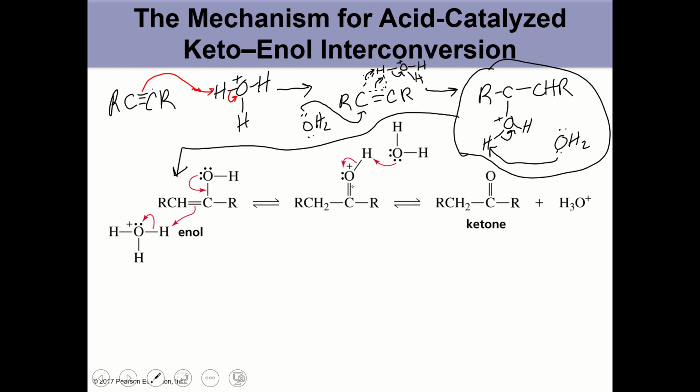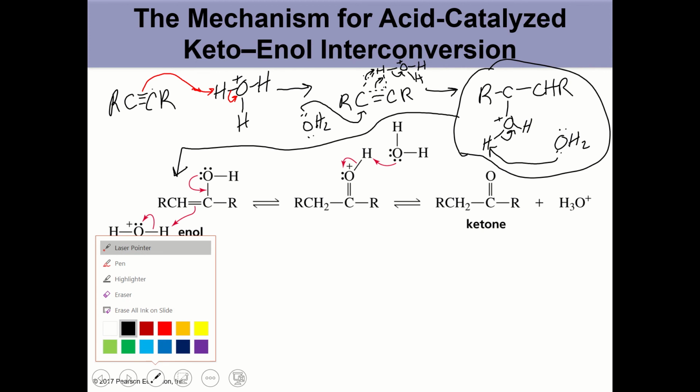So now we have a protonated ketone. Another molecule of water will come and remove the proton, and the bond electrons between H and O go to the oxygen, and then that gives us our ketone. So this is the tautomerization step.